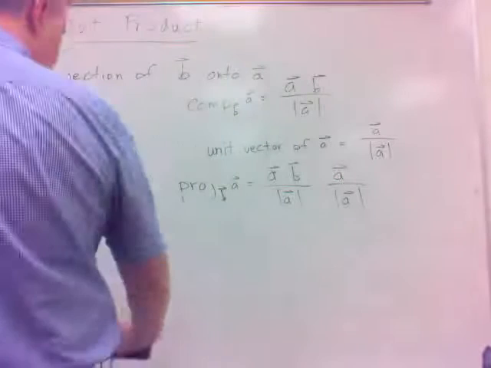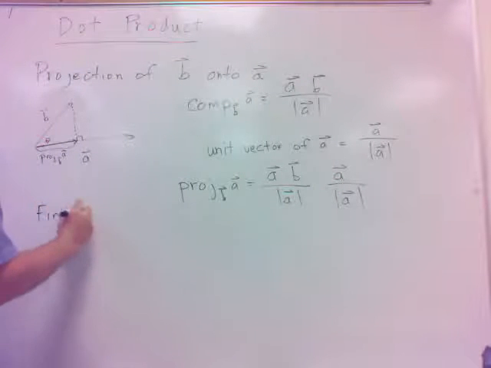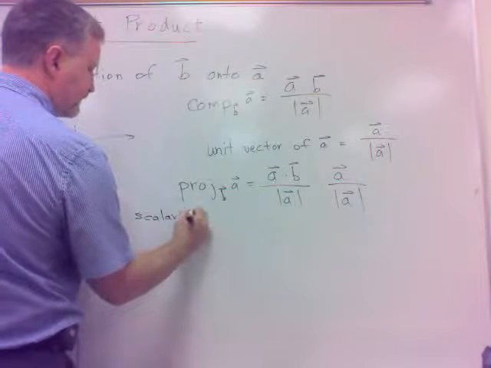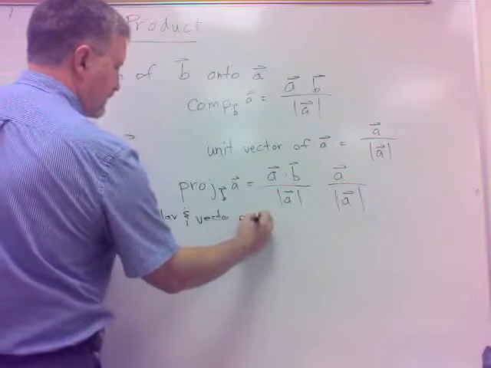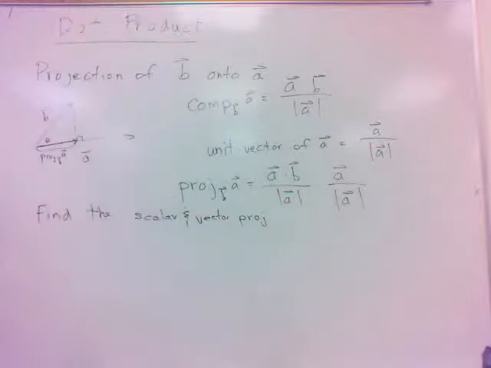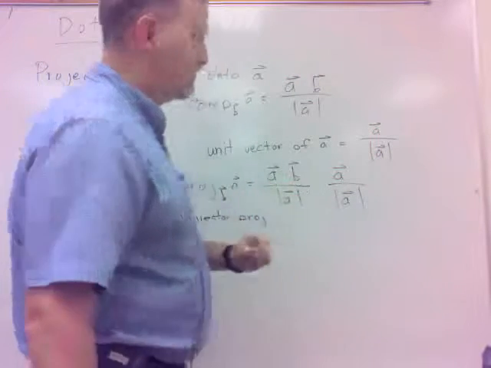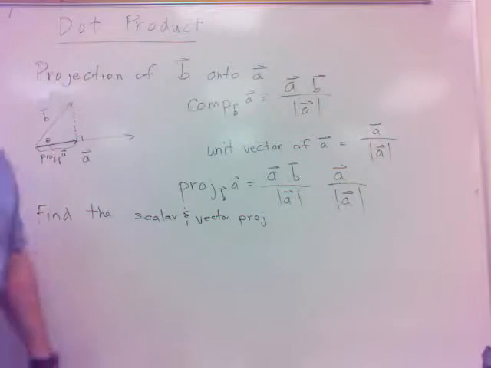Here's the type of question they'll ask. Find the scalar and vector projection. The scalar is just going to be a scalar amount, so the B vector is not going to come out of that at all.